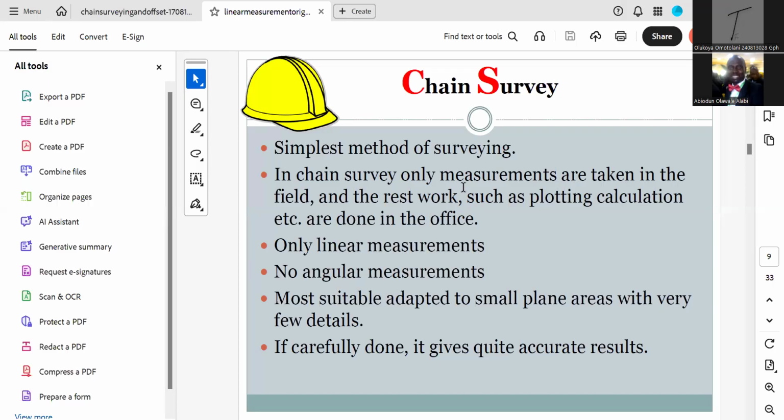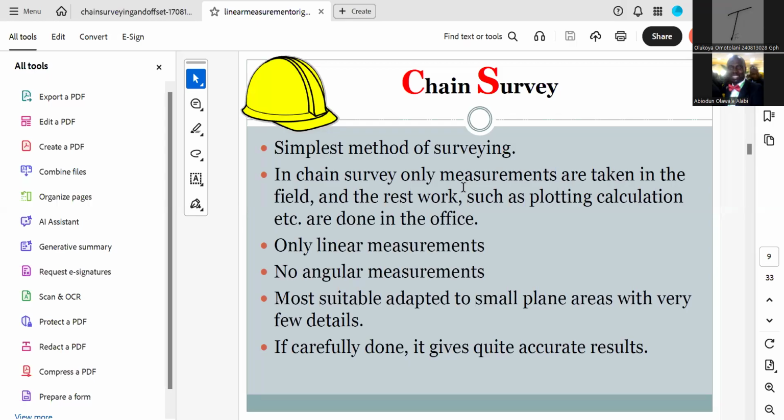And these triangles must be well-conditioned triangles. They must follow some specific conditions. We don't just draw triangles anyhow within the said geographical area or location in deploying your chain surveying.